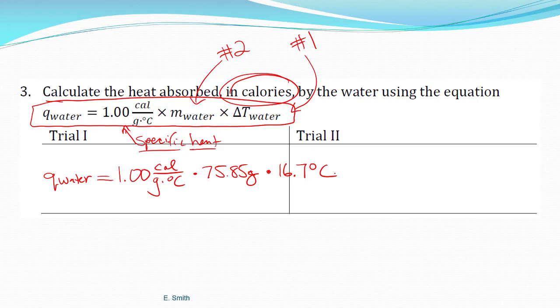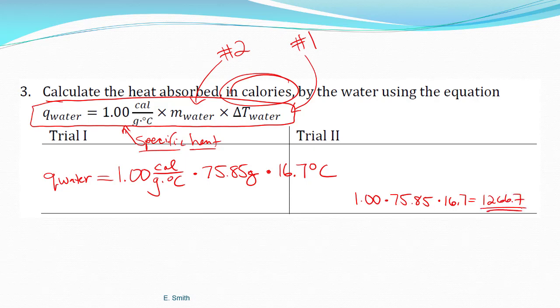When I do this mathematically, I plug into the calculator 1.00 times 75.85 times 16.7, and I get an answer of about 1,266.7.